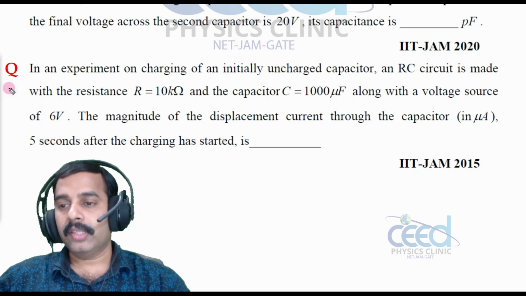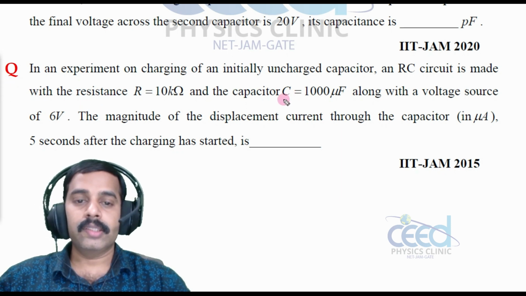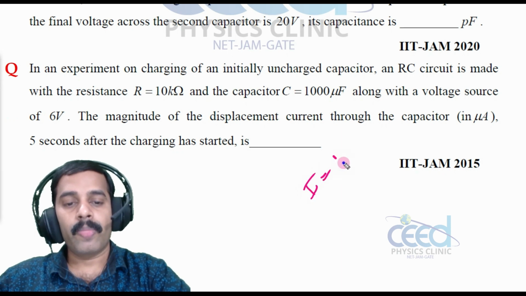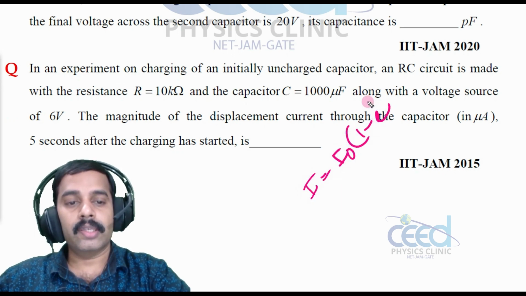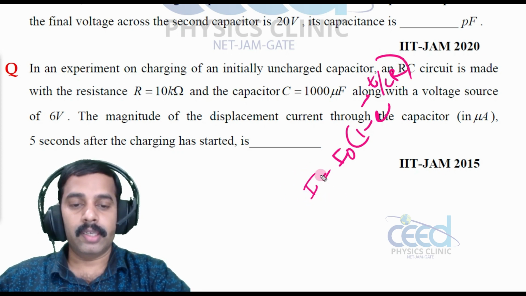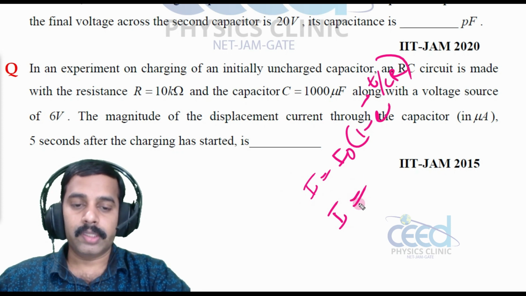So charging has started means growth of charging. This is a CR circuit. So let me use I is equal to I0 into 1 minus e raised to minus t by CR.